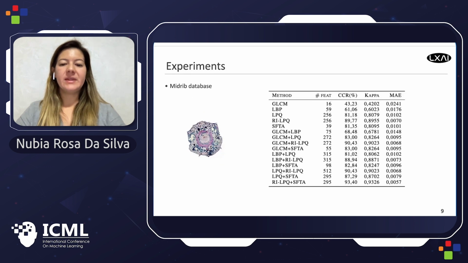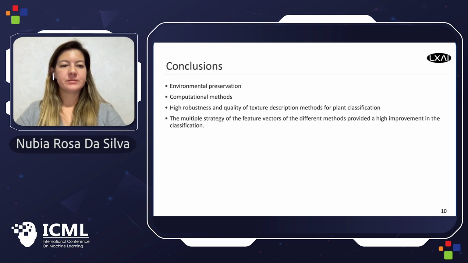For the Middle European Woods database, we achieved almost 95% success rate, which is better than the literature. The paper that proposed this database is composed of 52 species.